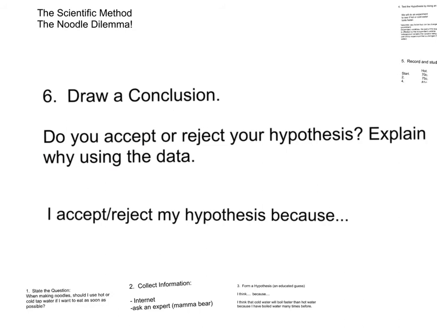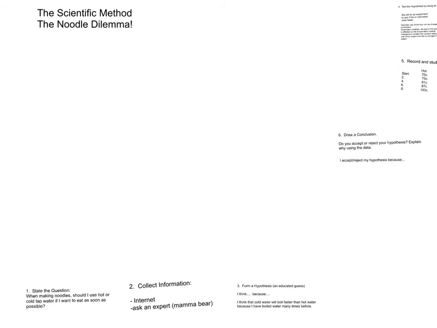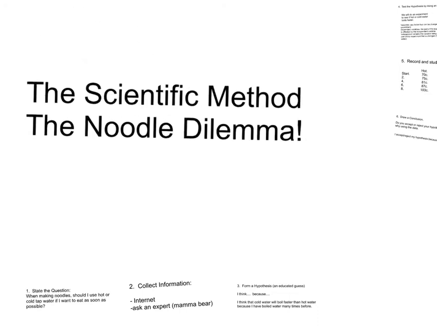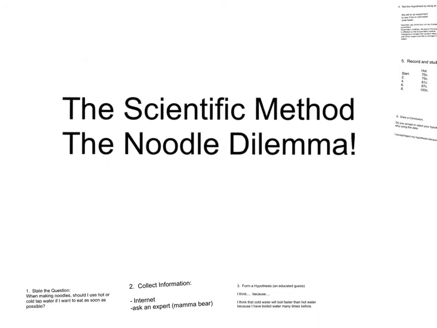In class we did several examples that people shared where they said, I accept my hypothesis because, and then they told why using the data, or I reject my hypothesis because. So in conclusion, we walked through the 6 steps of the scientific method using the noodle dilemma in class.